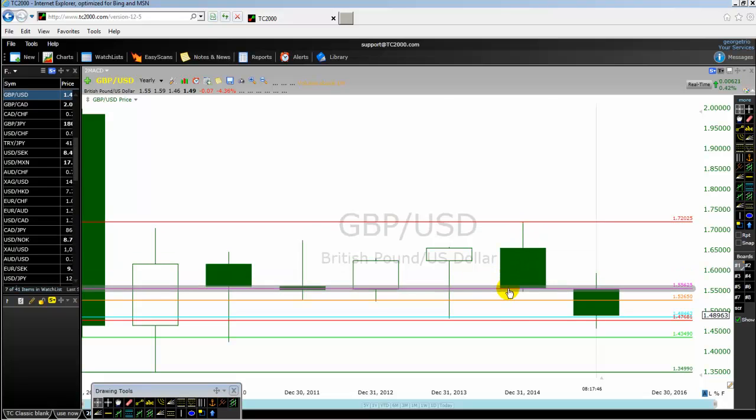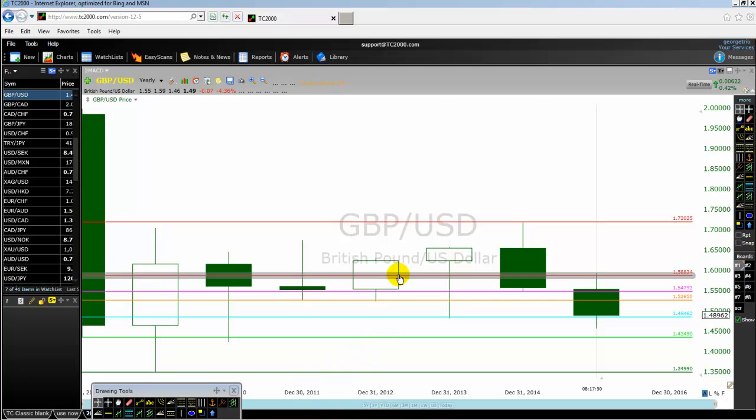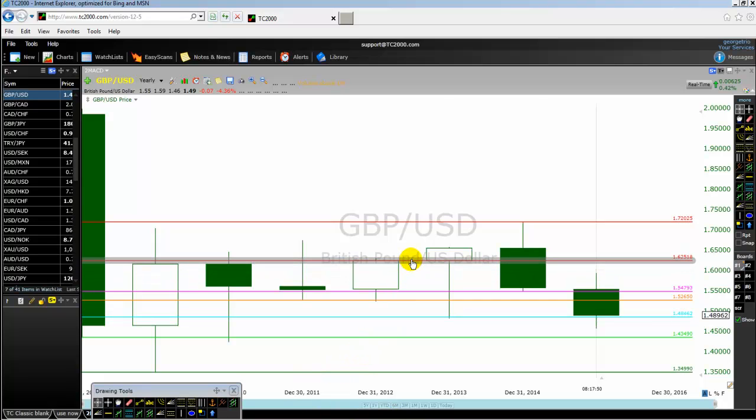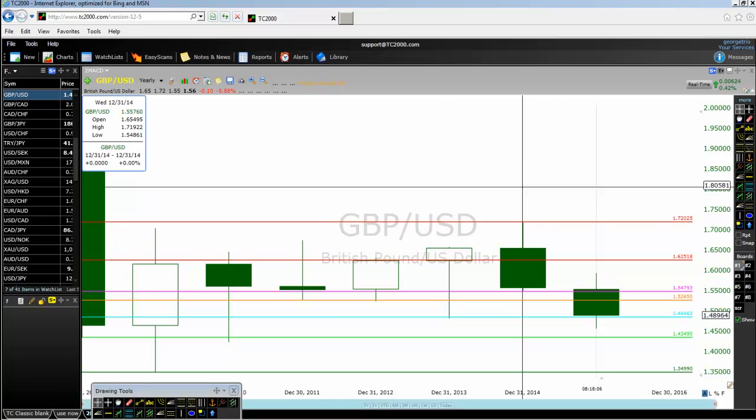I will also highlight the low, and I will always highlight the median line of that candlestick bar. So this is the high here, this is the low here, this is the median line of this candlestick bar. You can see that this is 2014.